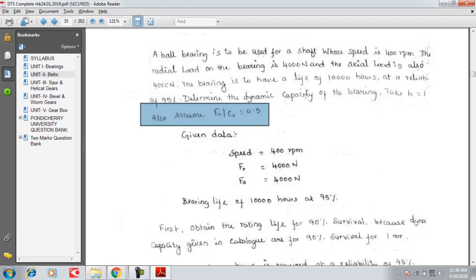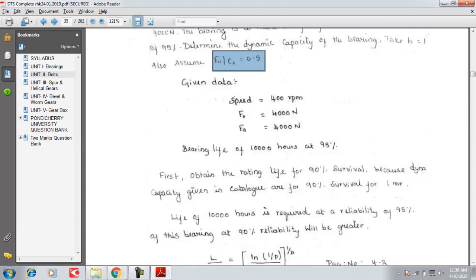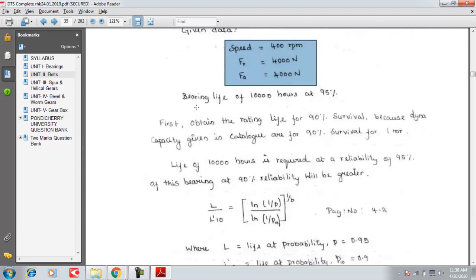If they give the bearing series, you can find out the C0 and calculate the FA by C0, or else you can simply assume it if they have given the value of FA by C0.